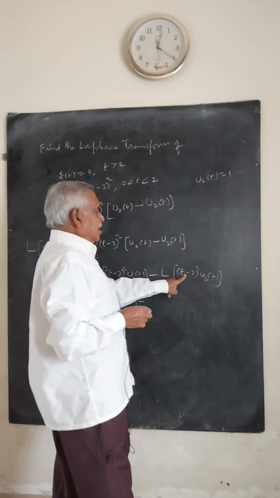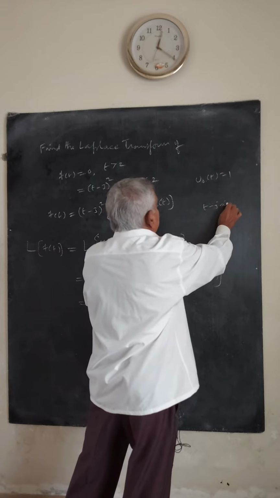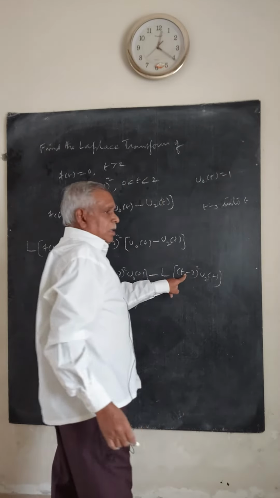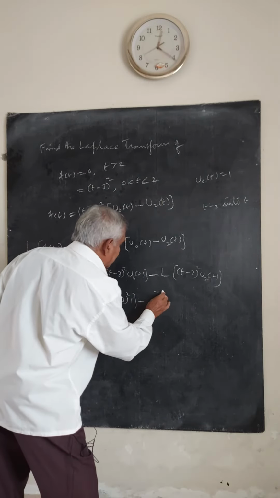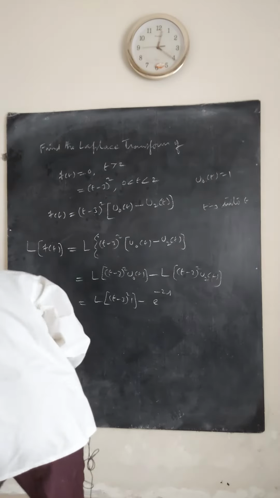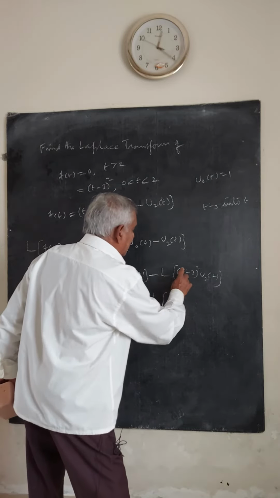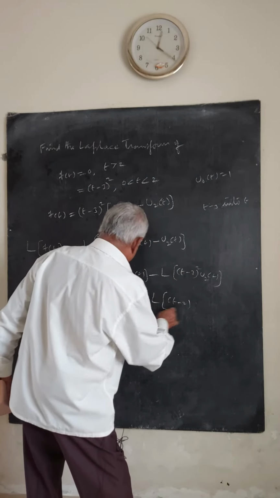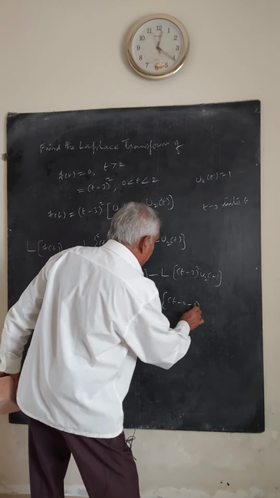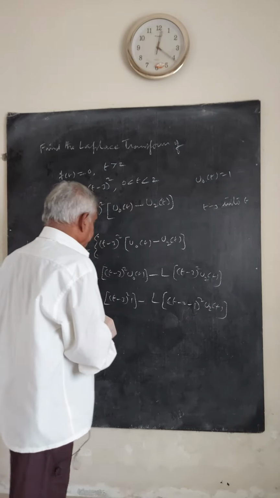L of, we have to change t minus 3 into t minus 2. Then e power minus 2s comes out. Let us make t minus 2 inside: t minus 2 minus 1 whole square, u2 of t.